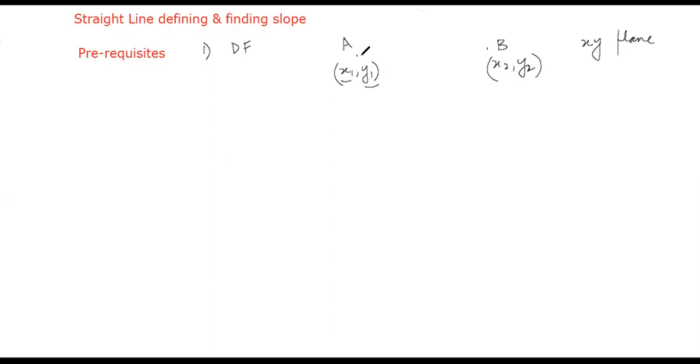Now, there are millions of distances between A and B. This distance, or this distance, or this distance.